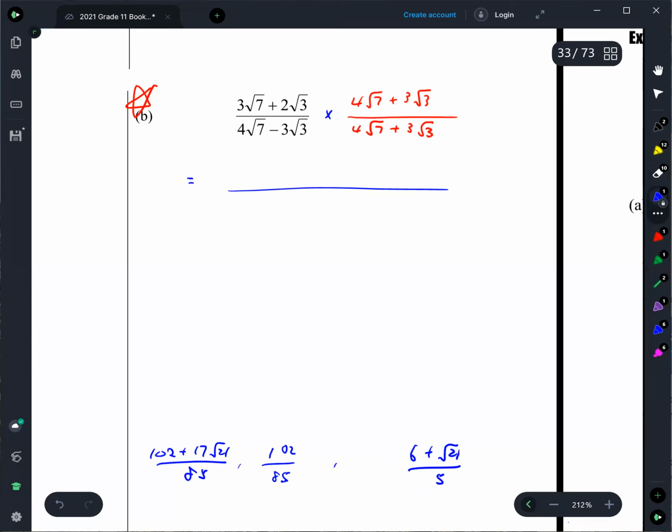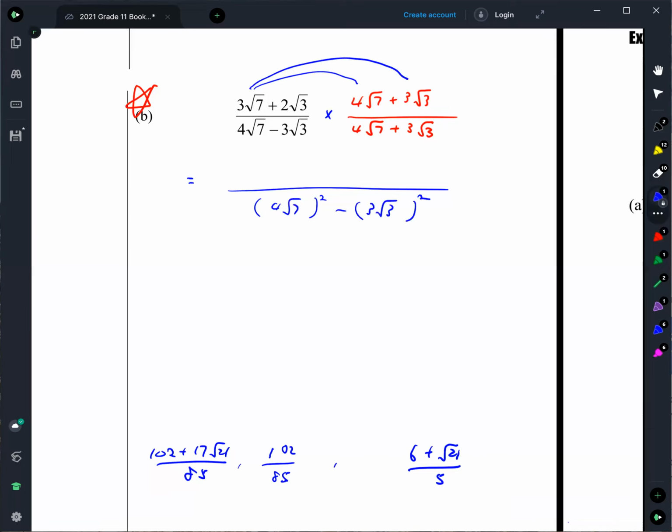For the denominator, that's easier, right? Oh, it should be minus. So 4 root 7 squared and then 3 root 3 squared. The top, the blue part, the 3 root 7 multiplying in, so you get 12 times 7 plus, what's that, 9 root 21.